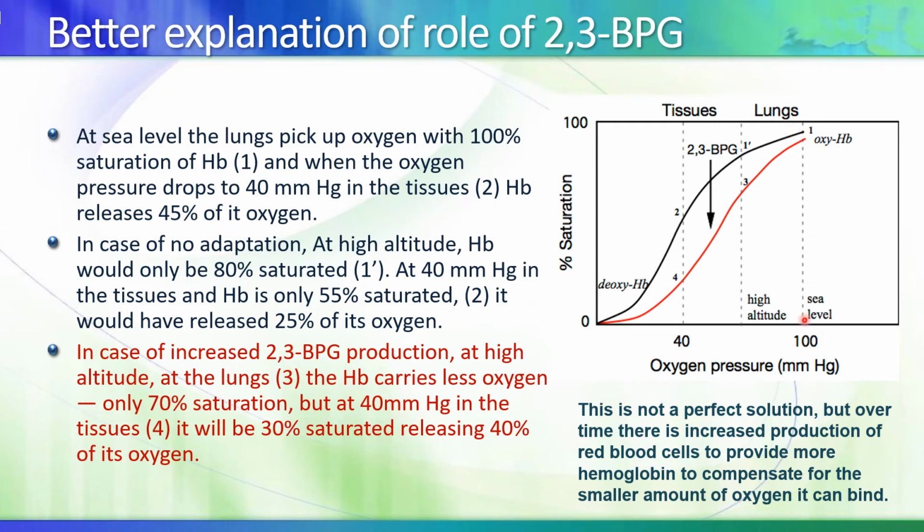Now, at sea level, where the pressure of oxygen is 100 millimeters of mercury, about 100% of hemoglobin molecules would be saturated. Good. Now, when it goes to peripheral tissues where the pressure is 40, you have a decrease from 100 to about 55%.